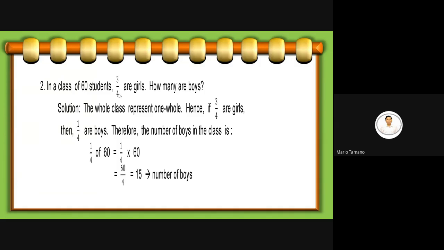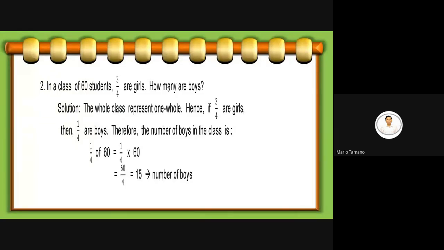So 1/4 po ang part ng lalaki. 1/4 are boys, 3/4 are girls. Pag pinag-plus mo yan is equal to 1. Naintindihan?